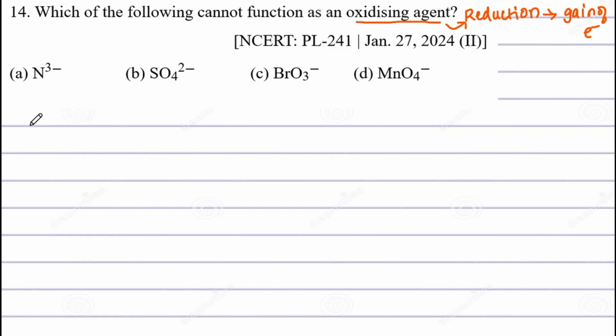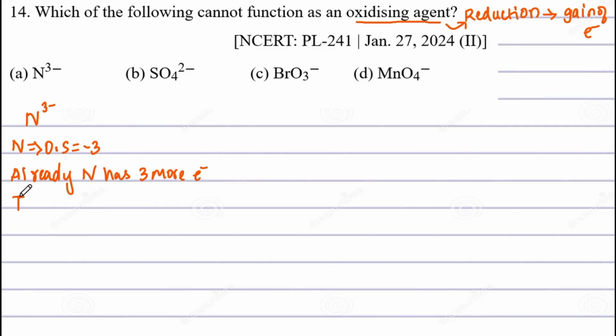In the first option, N3- is given. So it is a monoatomic ion, and the oxidation state of nitrogen is the charge. So the oxidation state is -3. So what does this -3 represent? Nitrogen has already gained 3 more electrons, so the oxidation state is -3.